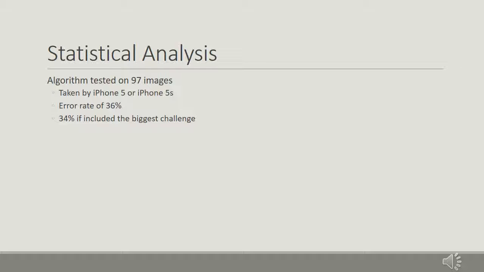So overall, the error rate was 36%. That means 36% of the images output by this algorithm were erroneous and not the required information. But that means there are 64% images which were really useful, which is a very good rate according to me.